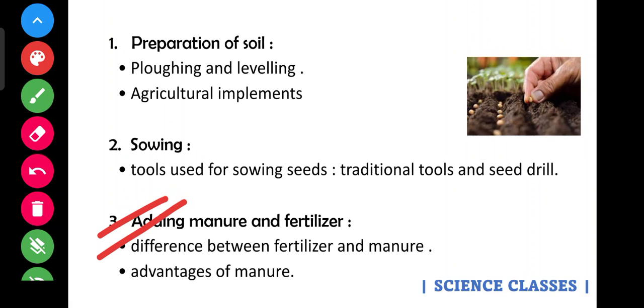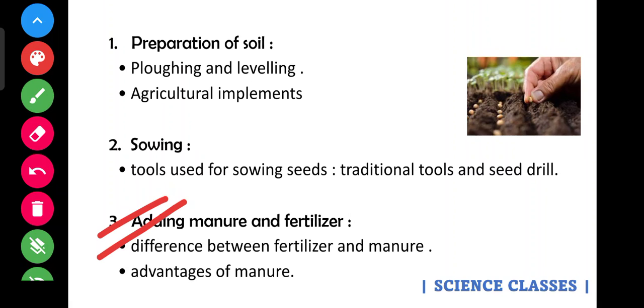Like we need vitamins and carbohydrates, by taking a few tablets or a few foods in humans, whereas in crops, to give them nutrients for healthy growth, a few substances are added to the soil, and these substances are called manure and fertilizer.